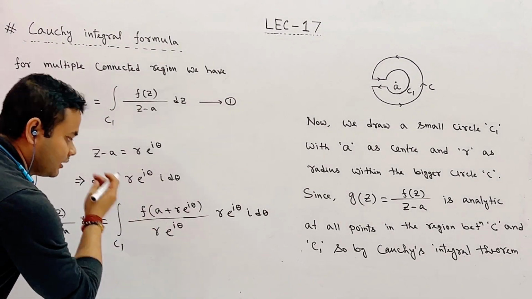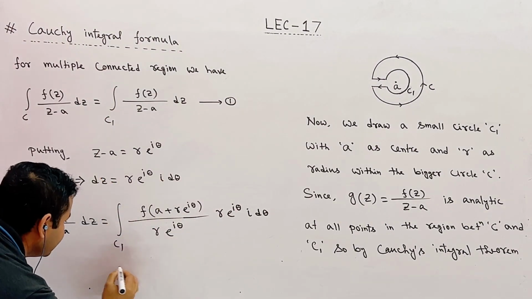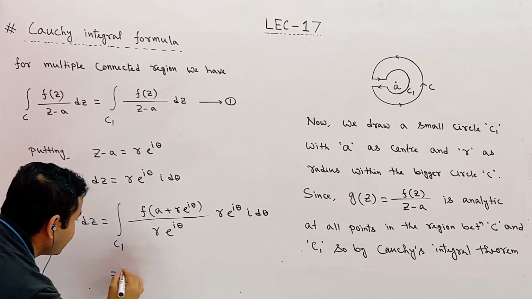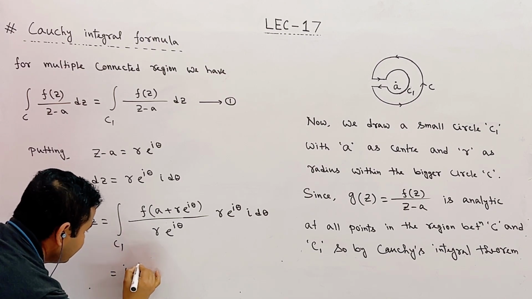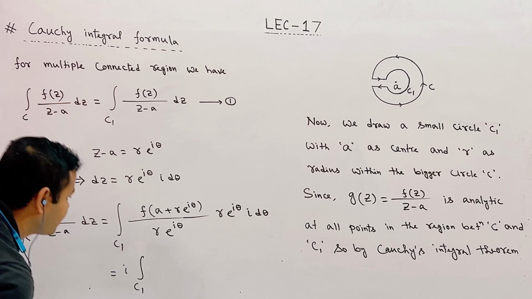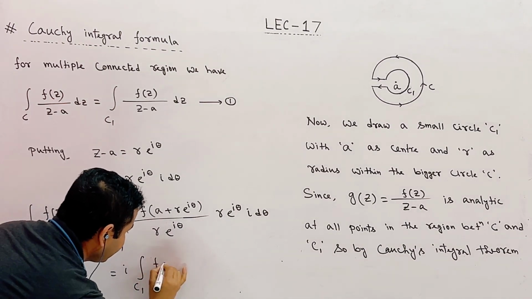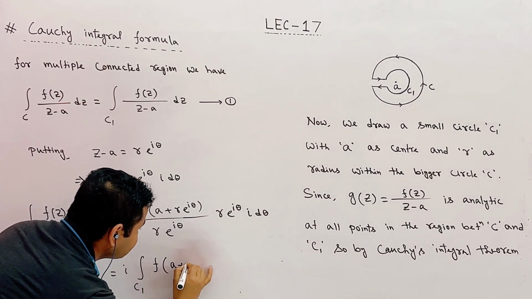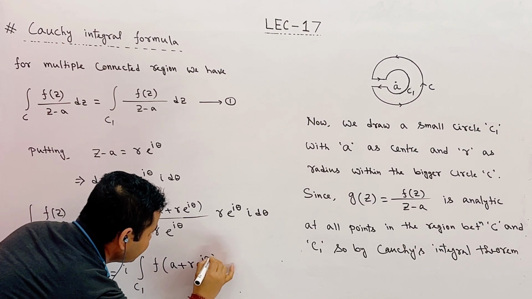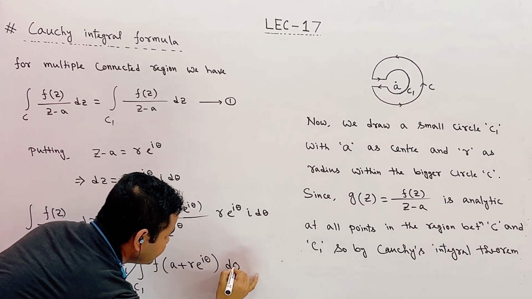So after simplifying, we will get iota integration along curve C1 of f of a plus r into e to the power iota theta into d theta.